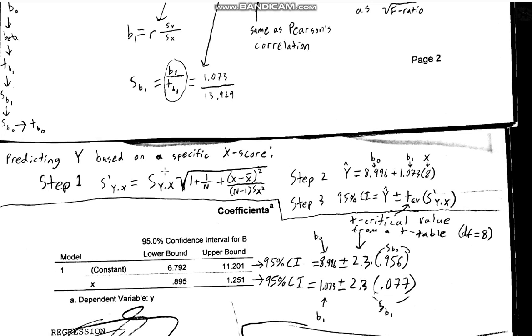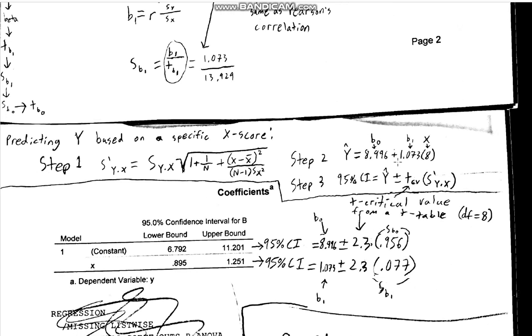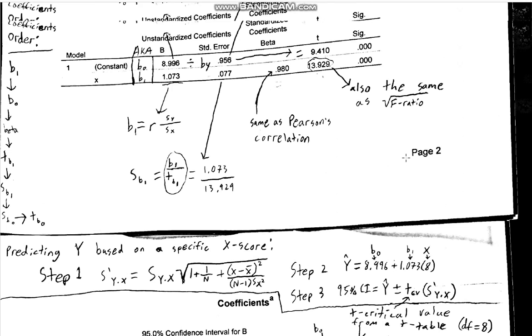And then once you've gotten this standard error of the prediction, you can predict your point of y, like the midpoint of this range. You just plug in the numbers into a regression equation, so estimated y equals 8.996, or b sub 0 from up above, plus 1.073, which is the b sub 1 here.